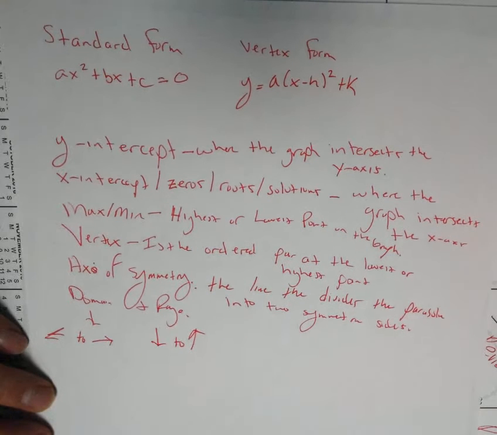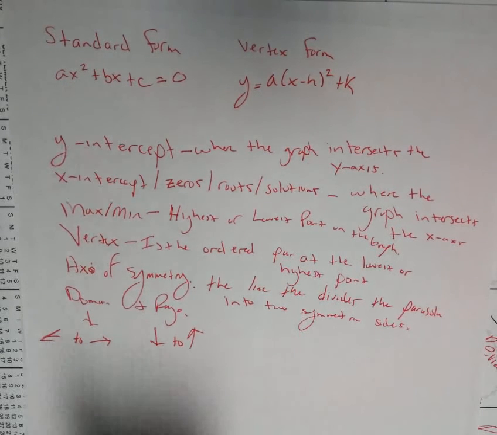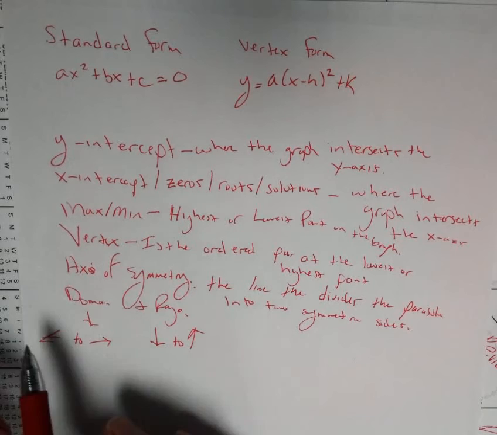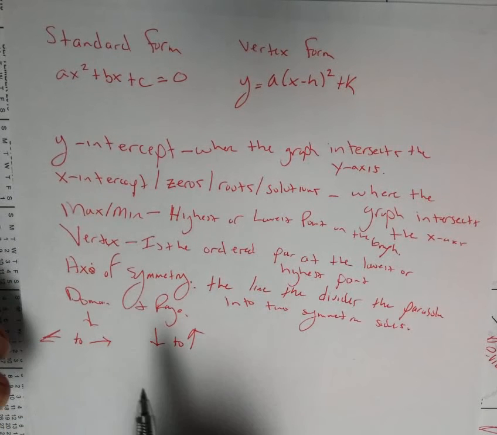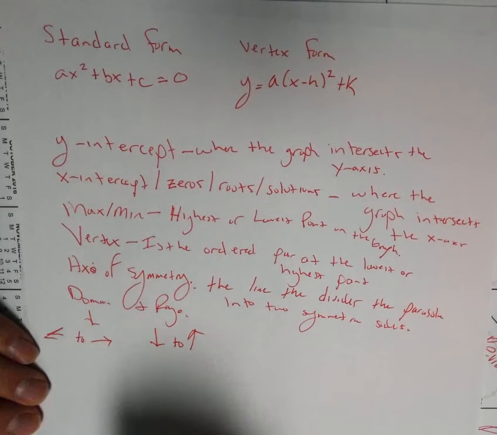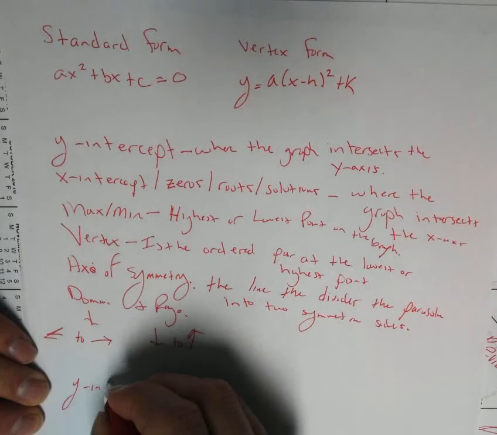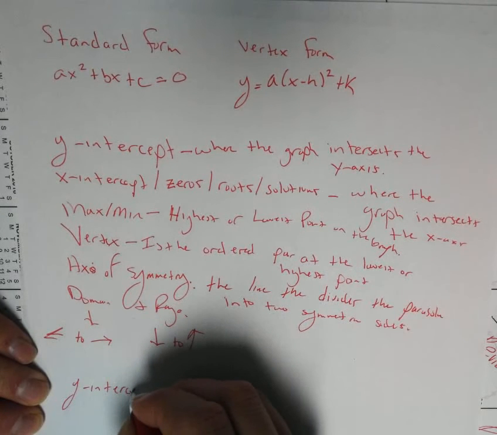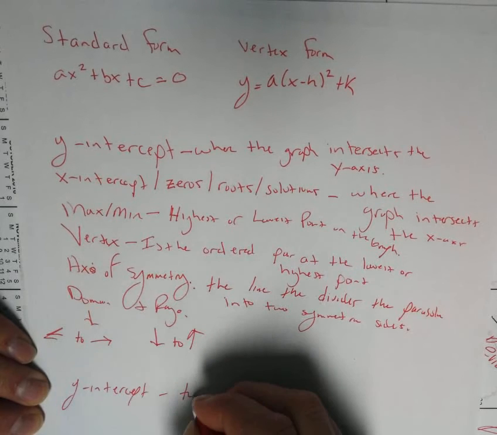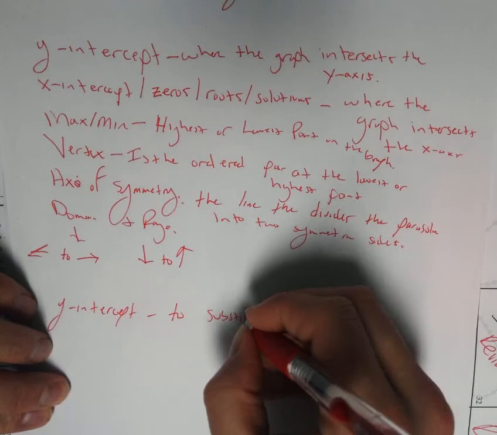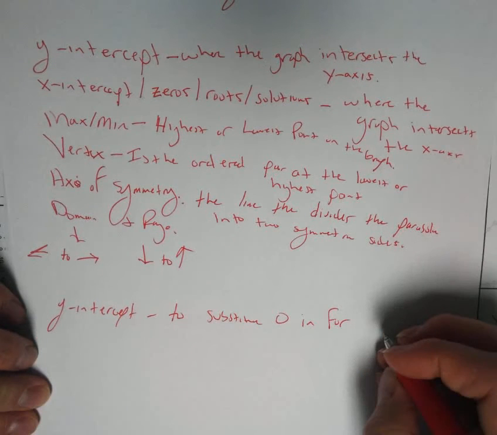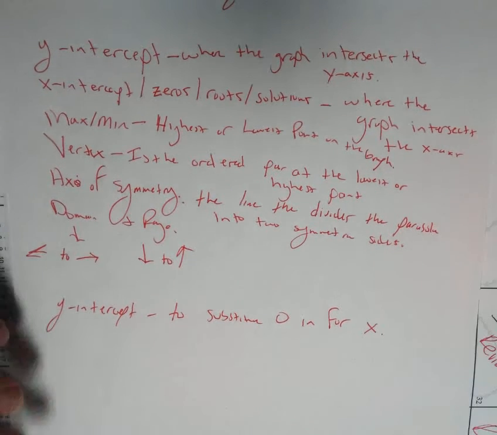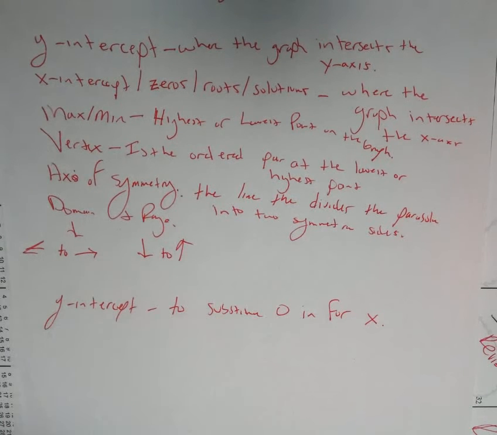Now, from standard form, some simple things you can find. Your x-intercepts and y-intercepts are real simple. The easiest way to find a y-intercept is to substitute 0 in for x. Okay. Once you substitute the 0, we'll practice one.